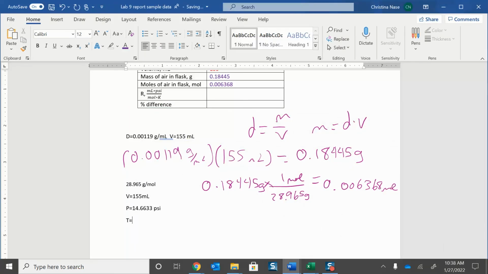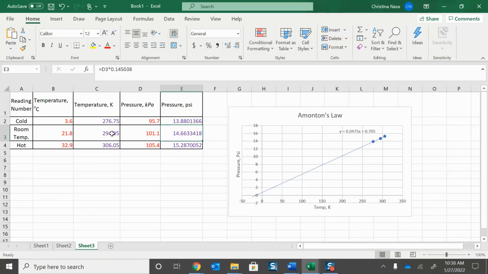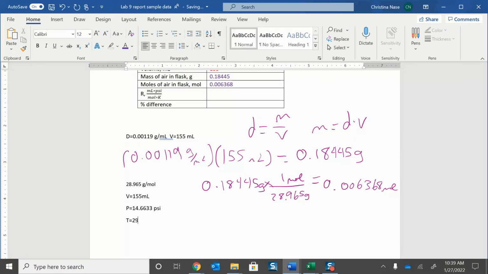My temperature is the room temperature of the water bath, from table 2 again, 294.95, and that's in Kelvin. And then the n is what I just calculated, the number of moles, 0.006368. So I calculated the moles. That was the hardest part. Those are the moles.